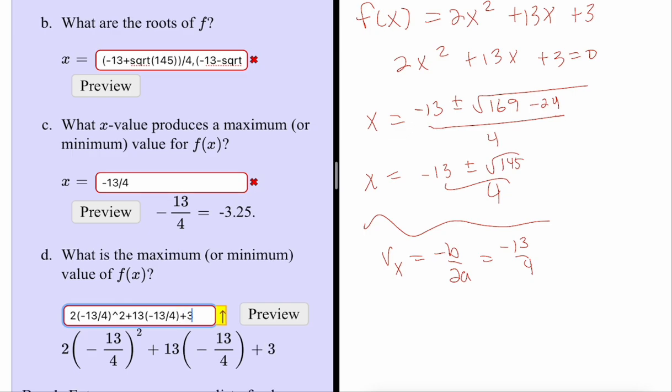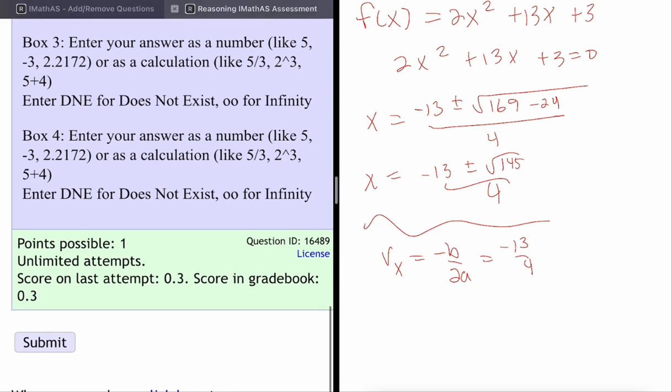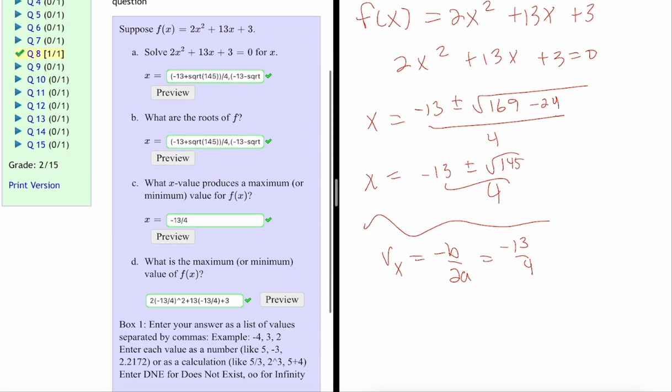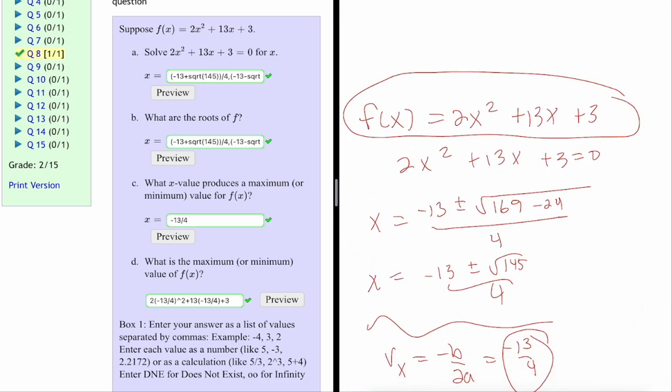So I am going to see if they'll just allow me to plug it in and they can do the math for me. Yeah, see how they did it for me? So I got the value in C. I then just plugged it into the formula and let them do the actual plug-in. You can actually do it, hit preview, and if they want a number, the number will be sitting there.